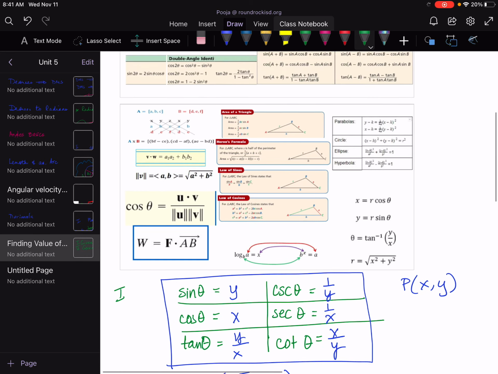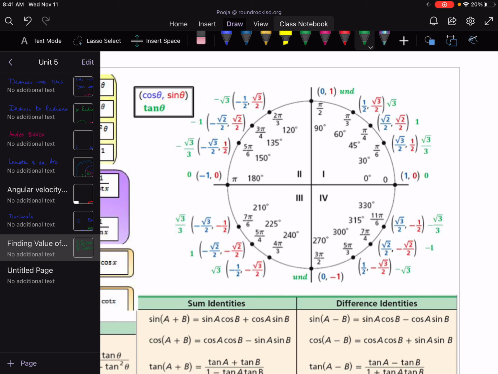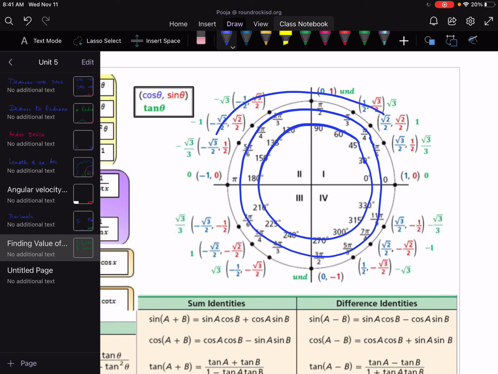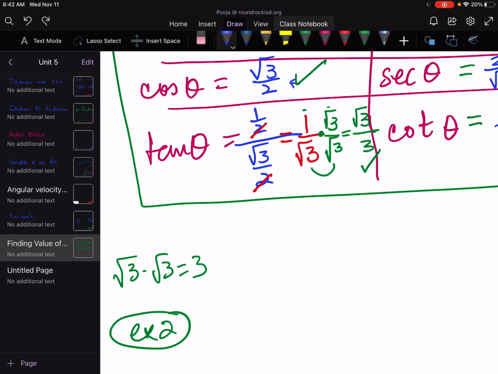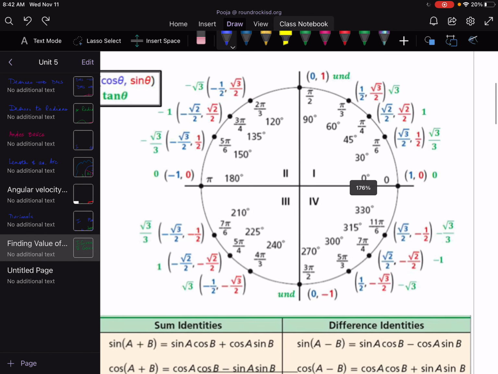Okay, let's pick any point from here. Again, remember the inner circle. The circle is a circle of degrees, the circle of radians, and all these are the coordinate points on that circle, right? Okay, so let's pick any point.